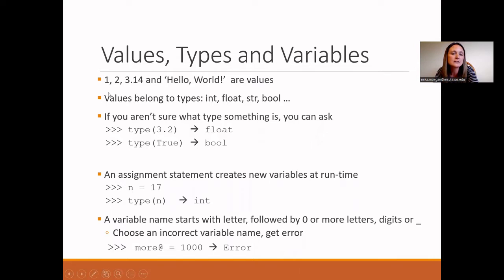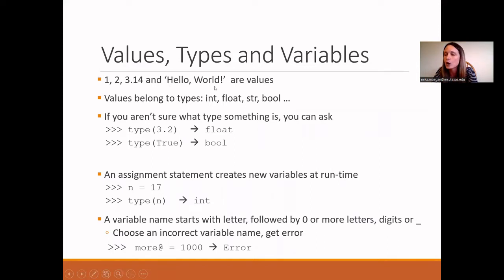So we have lots of different kinds of data, lots of different values that you can have. And what the computer can do with the different types of data is really going to depend on the type of data that you're working with. So what do I mean by that? Well, here's an example. Hello world is a string.